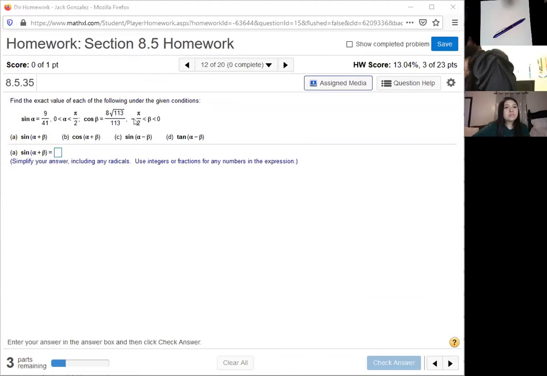So then you have to find cosine beta, cosine alpha, and sine beta to be able to answer these three here. And then tangent, you'll have to find the tangent of each of these. Do you want to do part A? I have different numbers in that one. I mean, if you want to do yours, that's fine too. Yeah, I would prefer that. What is your sine alpha? It's 4/5.